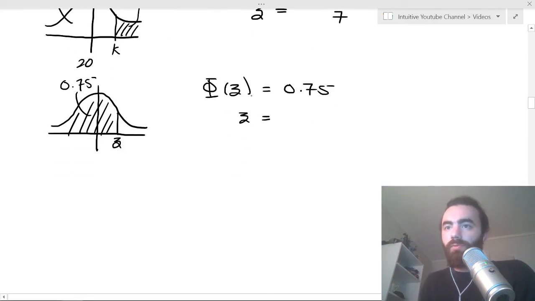So the z value, which corresponds to this area here, is 0.674.